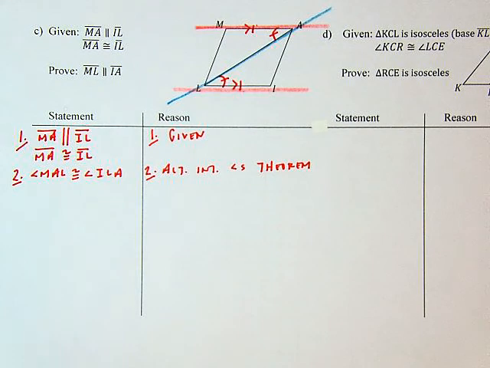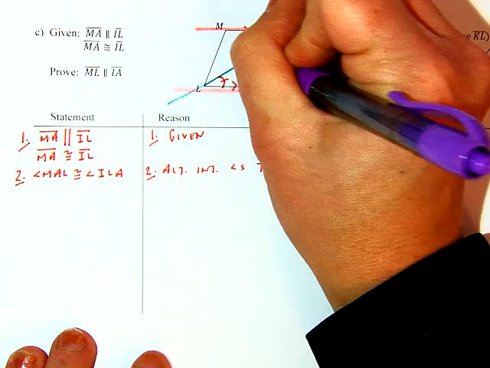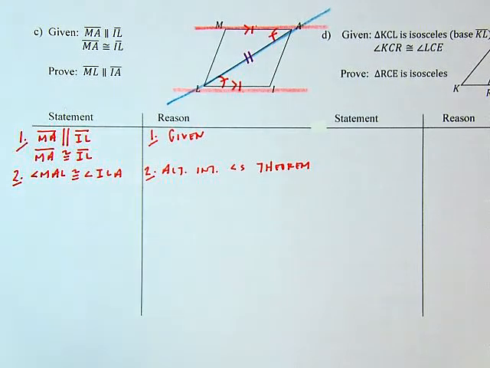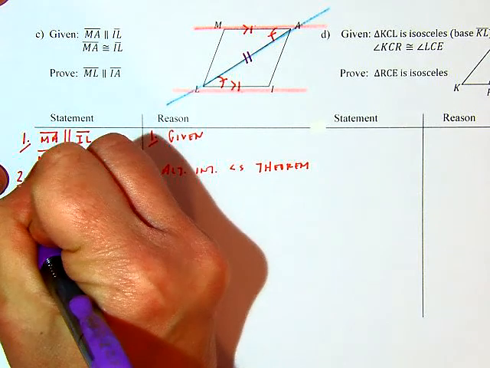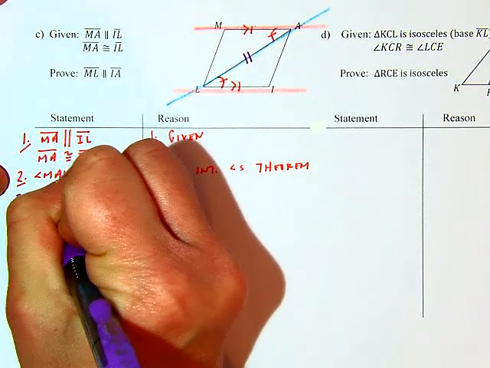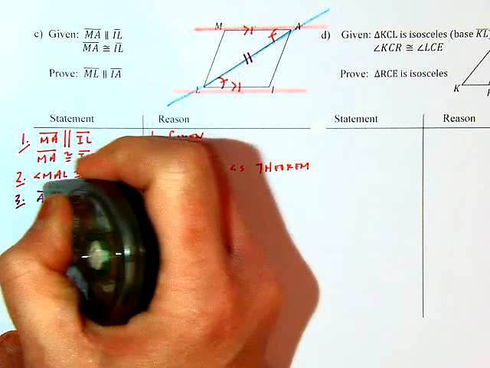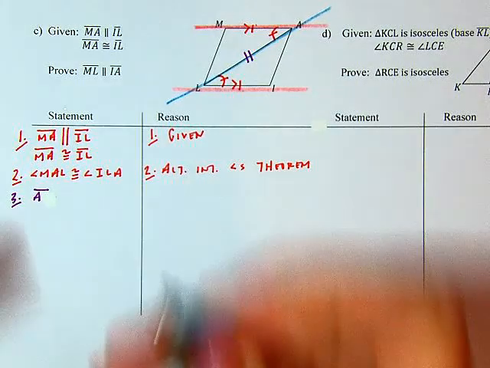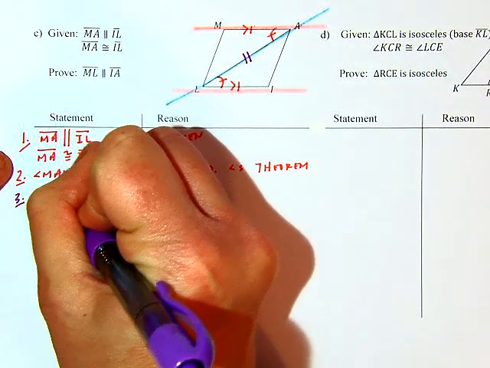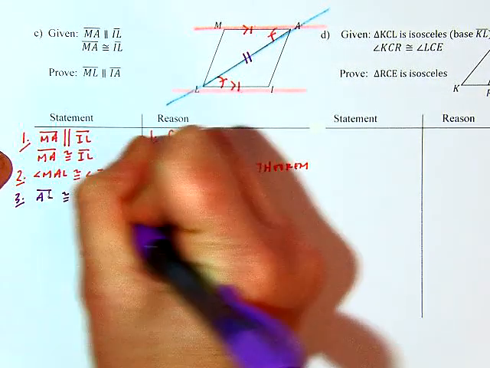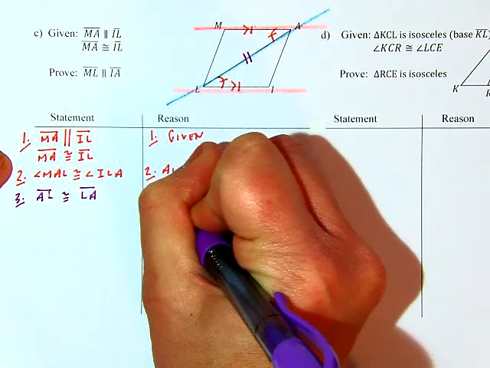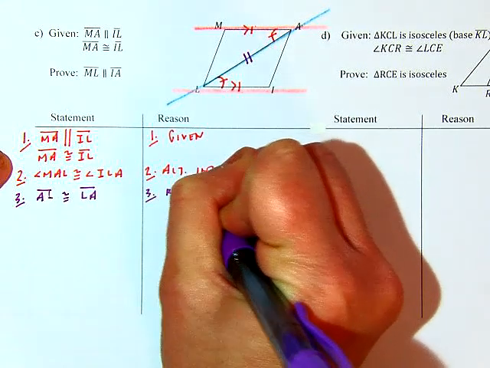If I connect that shared side right here, that's the reflexive property of congruence. So I can say that segment AL is congruent to LA. So AL to LA. Reflexive property of congruence.